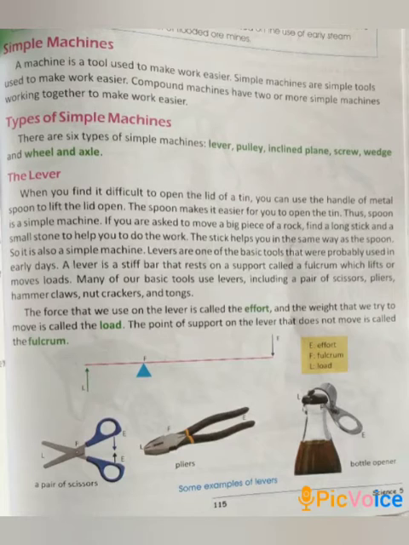The force that we use on the lever is called the effort, and the weight that we try to move is called the load. The point of support on the lever that does not move is called the fulcrum. Clear?